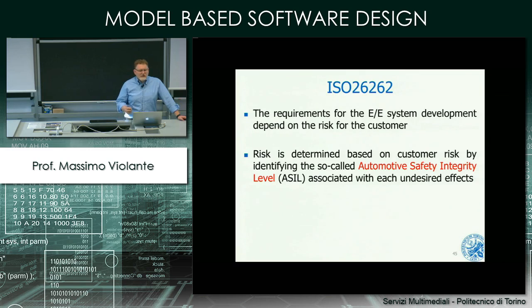Then, once it is clear which is the level of severity of failures there, we can apply different types of techniques to prevent failures from manifesting themselves in such a way that nobody will get hurt. If the courtesy lamp is not working, who cares? You don't have to do anything there.